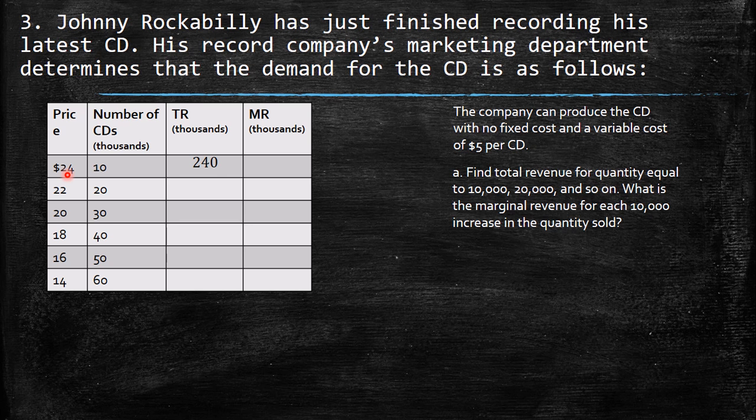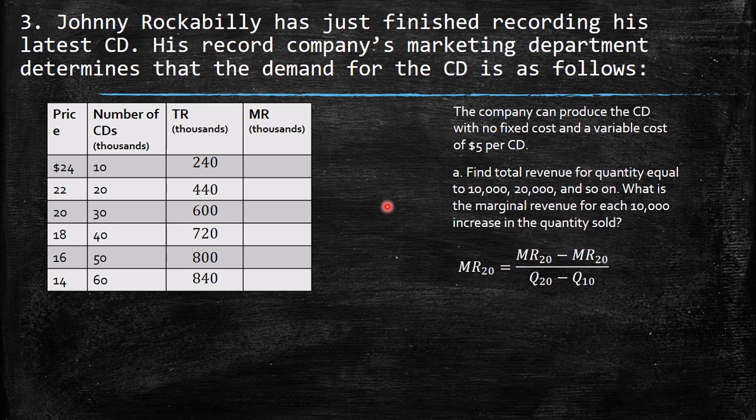Remember, total revenue is the price you charge the consumer times the quantity you sell. So it's going to be 24 times 10, in thousands, so this one is 240,000 as revenue. Here we avoid the zeros again for easier comprehension. We have 20 times 22, 30 times 20, 40 times 18, 50 times 16, and 60 times 14.